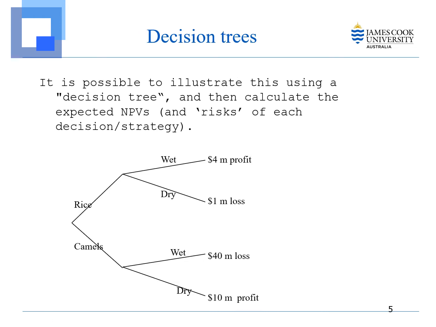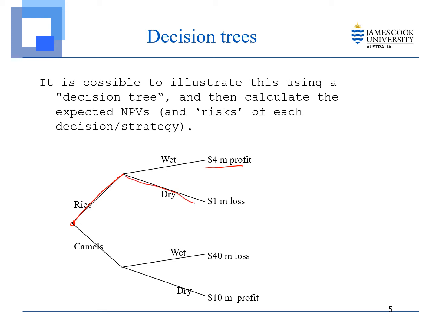Okay, so we can illustrate this decision making using a decision tree. Here, the manager decides whether to plant rice or graze camels. If the manager decides to plant rice and the weather turns out to be wet, then there's a $4 million profit.